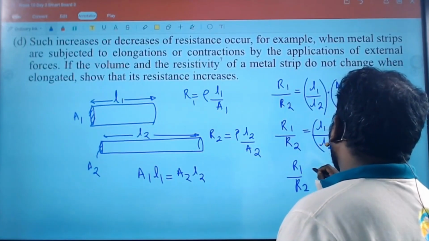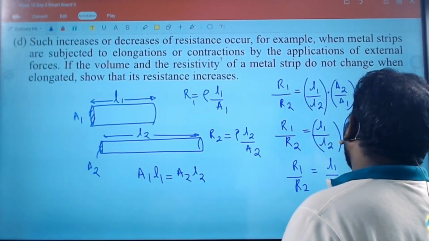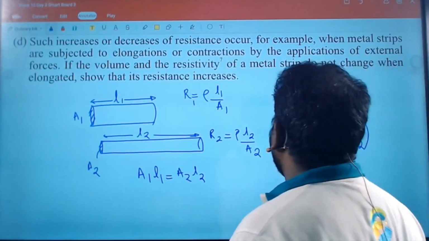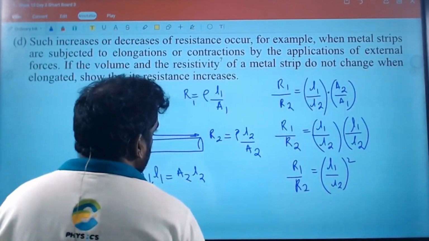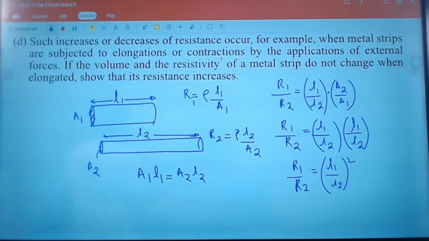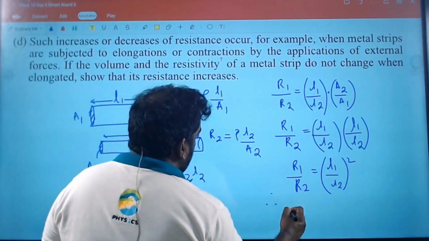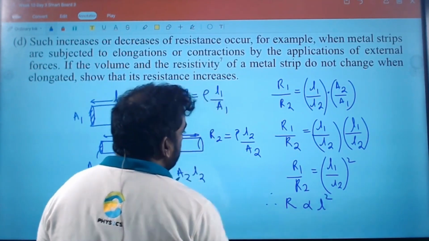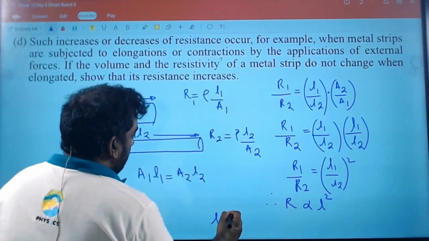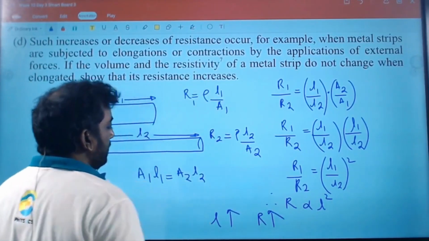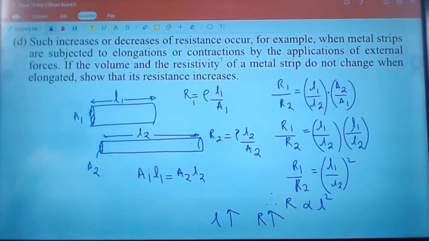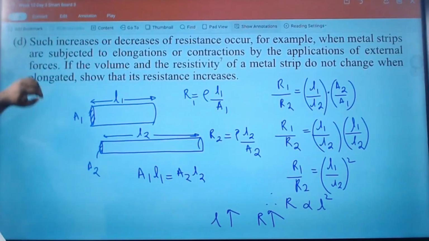So R1 over R2 equals L1 over L2 whole thing squared. So from this we can say resistance is proportional to L squared. Length increases, resistance increases.